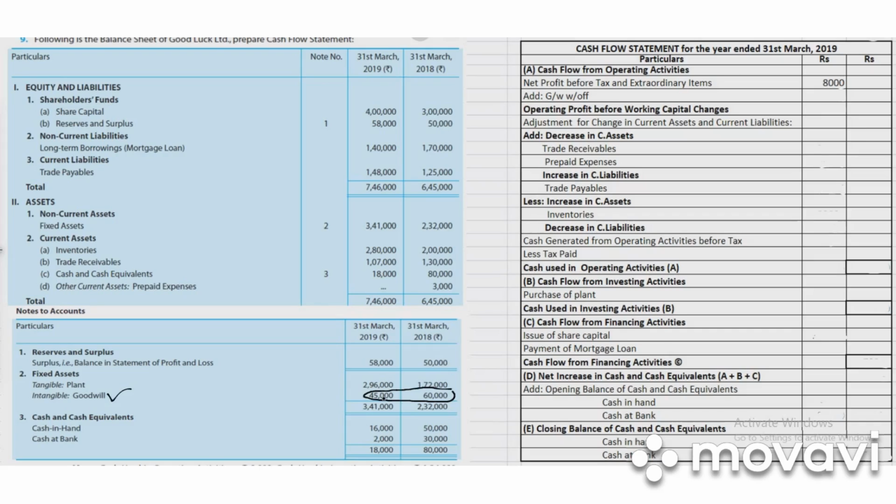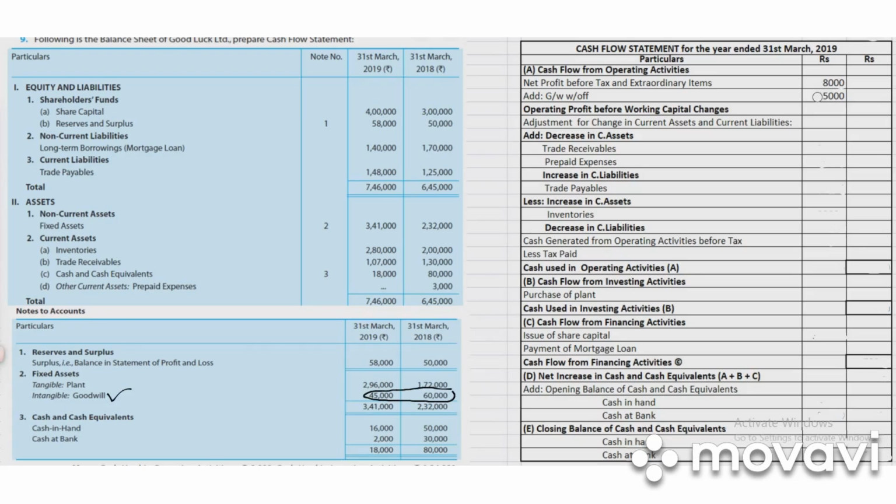So 60,000 goodwill is amortized to 45,000. So there is a decrease of 15,000 rupees. This 15,000 rupees we put here, just after net profit before tax and extraordinary item, before this 8,000, you can see, goodwill is added. So remember students, all those items which have come in the debit side of the profit and loss account will be reversed, added back.